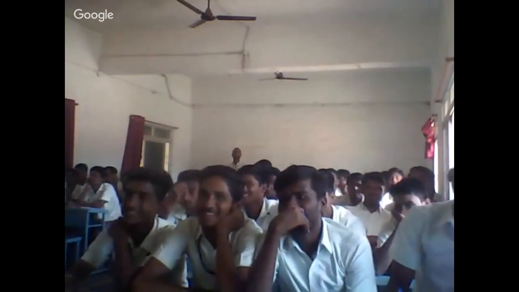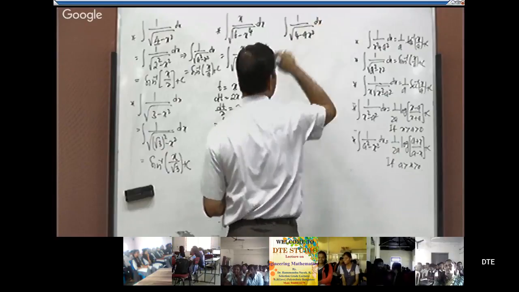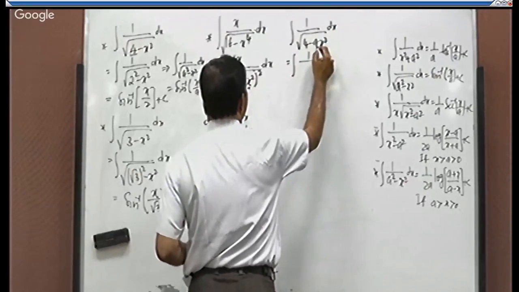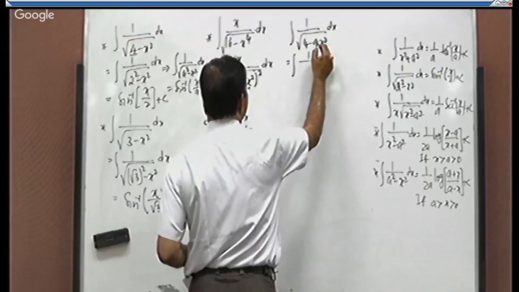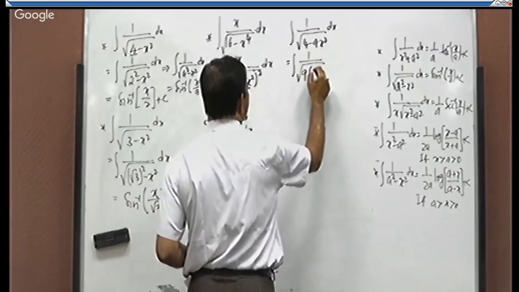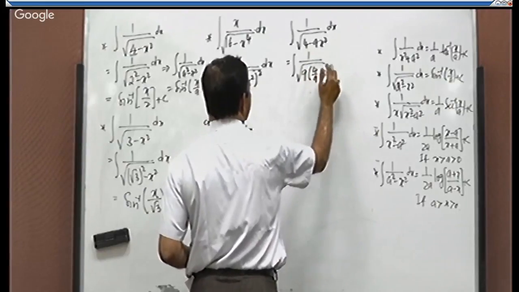Next, 1 by root of 4 minus 9x square dx. What to do? I need only x square. 9 is extra. You take it outside the root. It is 4 by 9 minus x square into dx.